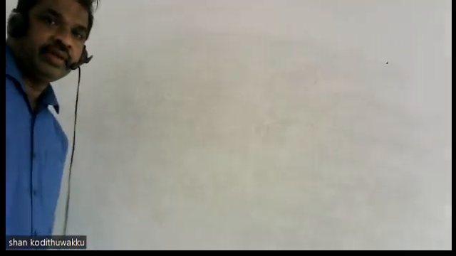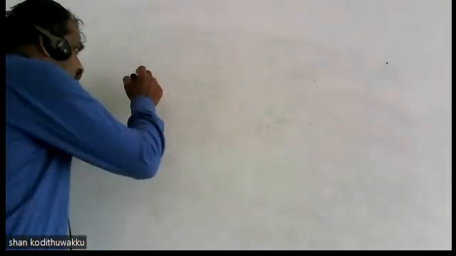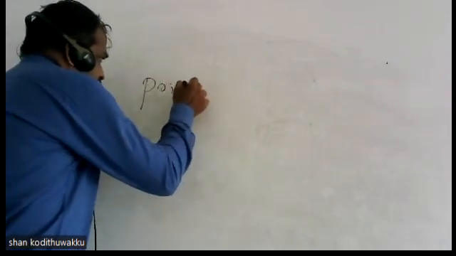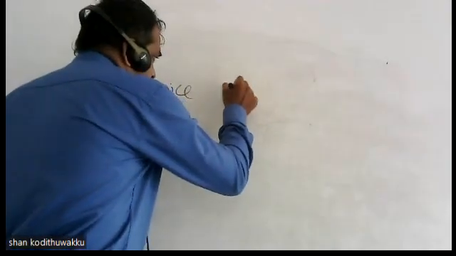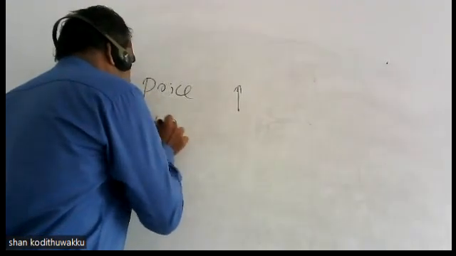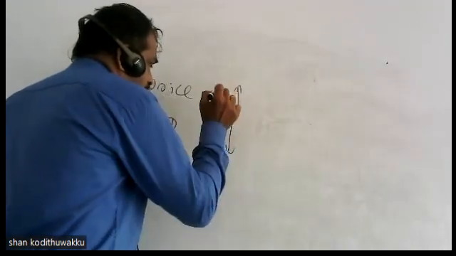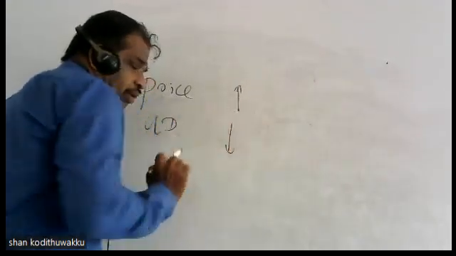Explain why the quantity demanded of a good decreases as its price increases. Price goes up, then QD goes down. The reason we have to explain.